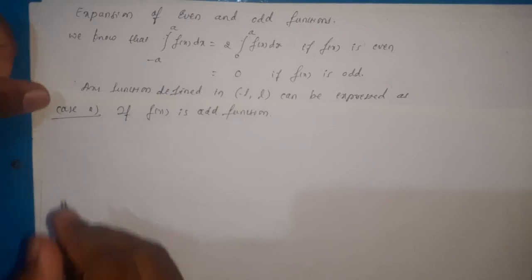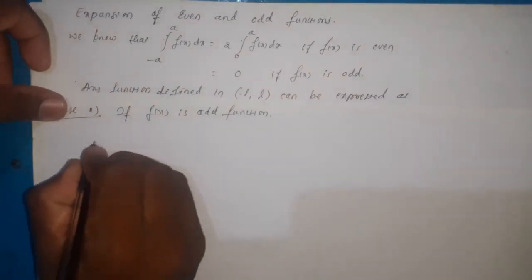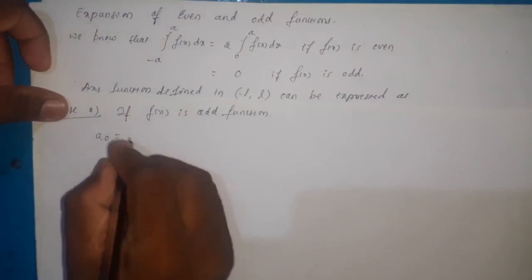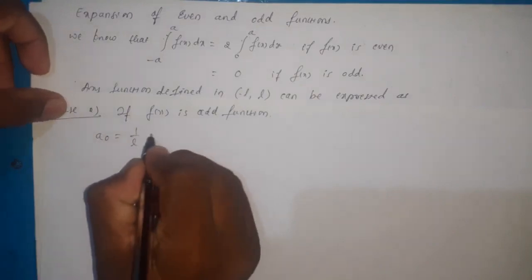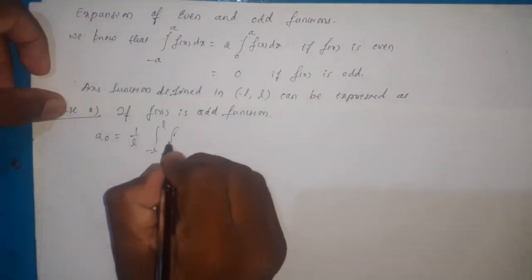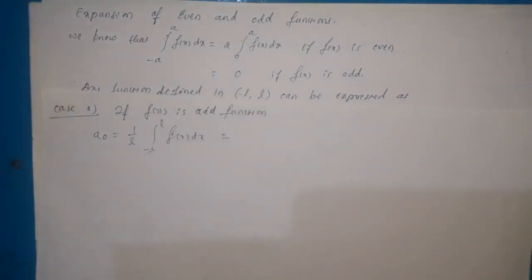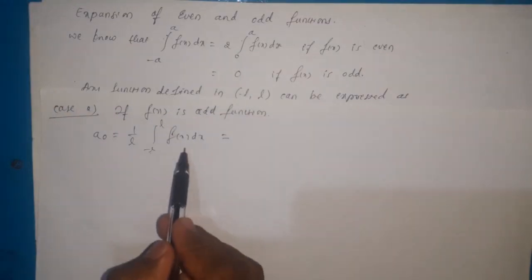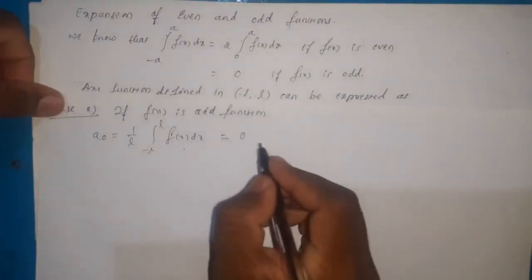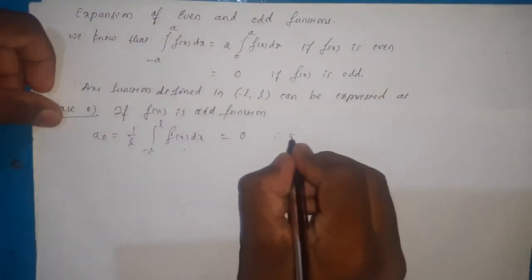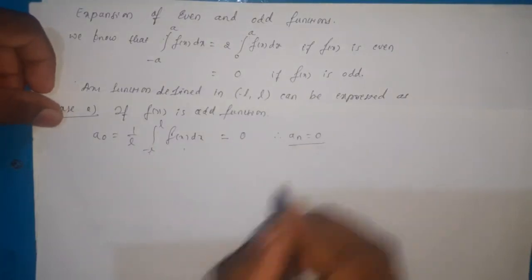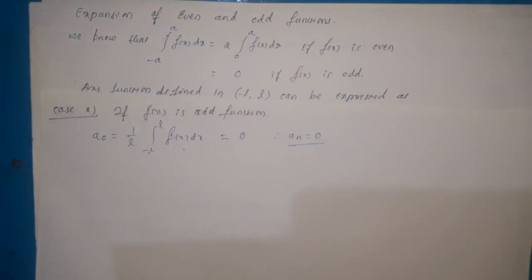So therefore here a naught, the first Fourier constant, is equal to 1 by L integral from minus L to L f of x dx. Given that f of x is odd, the integral from minus L to L of f of x dx will be equal to 0. So therefore a naught equals 0 when the function is odd.